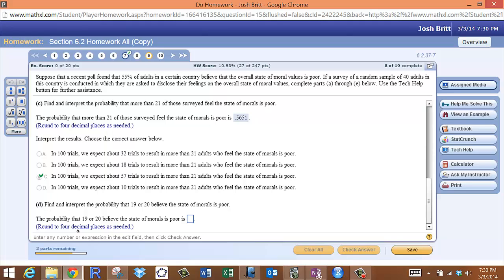Okay, 19 or 20, so we're going back to the probability of x equals 19 or 20, which is PDF. PDF, remember, gives us exactly.